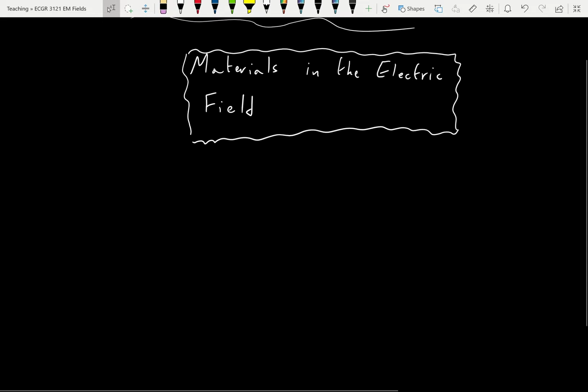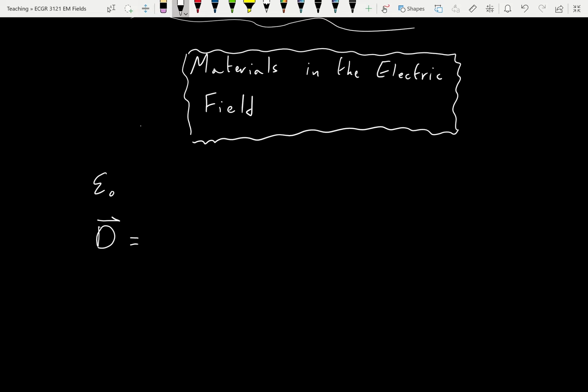So the only way we included the effect of materials up to this point is through the permittivity constant epsilon. Remember when we talked about the relationship between the electric field intensity E and D, the flux density.